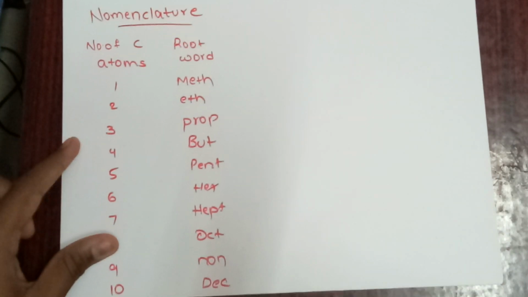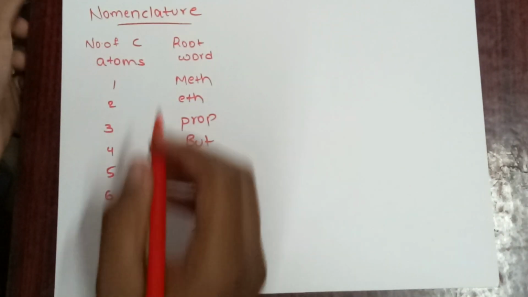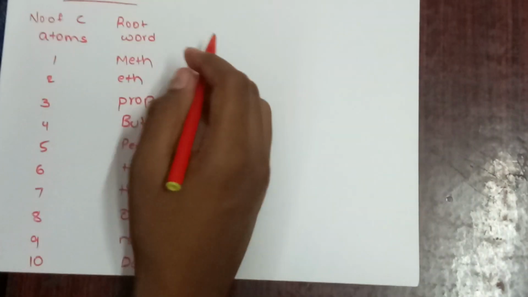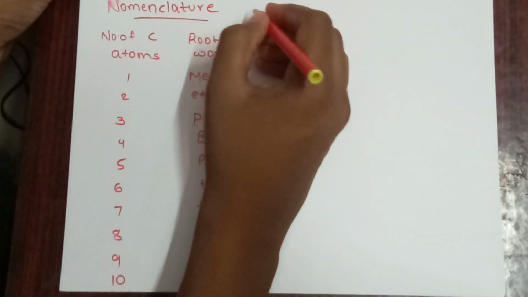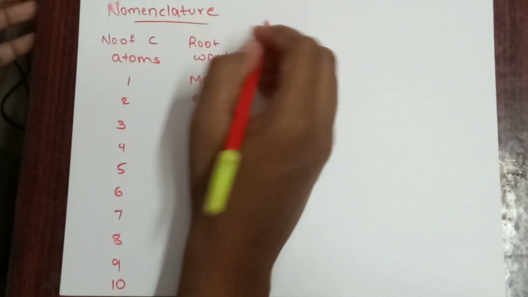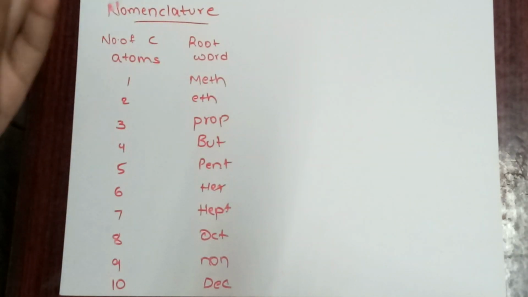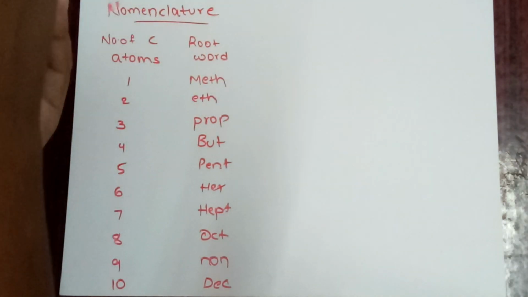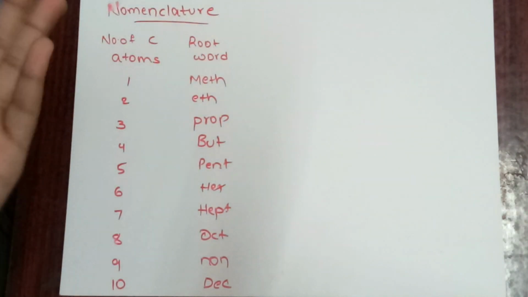Okay, and over this side, I will tell you the format of naming carbon compounds. We have two ways of writing this: brief and detailed. Detailed includes the position of bonds, substituents, halogens and functional groups, and the bonds also.